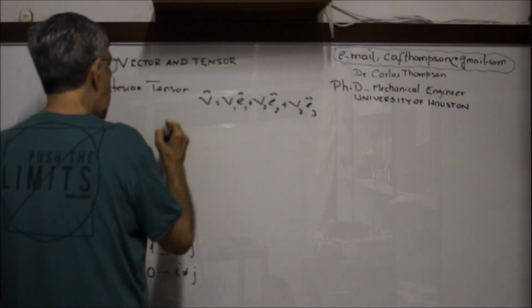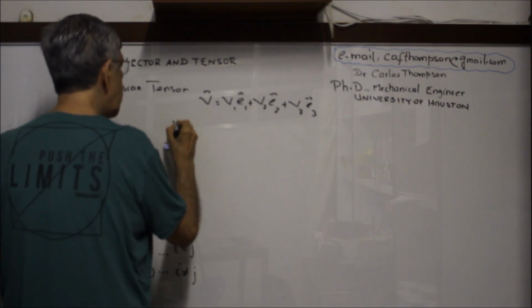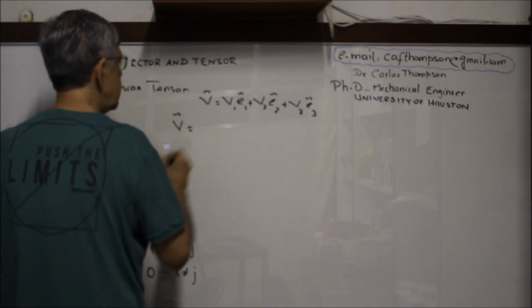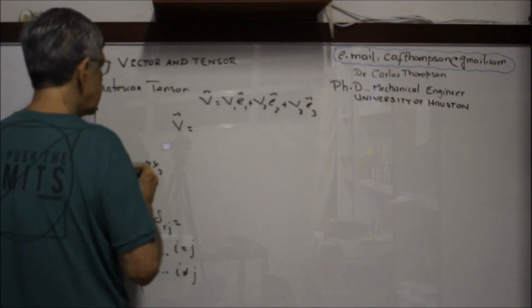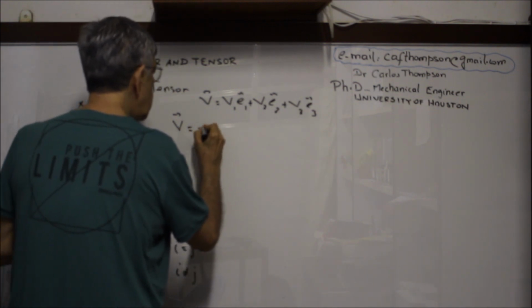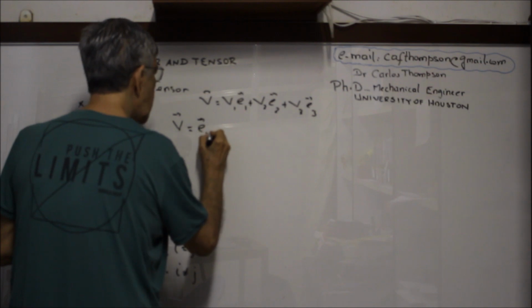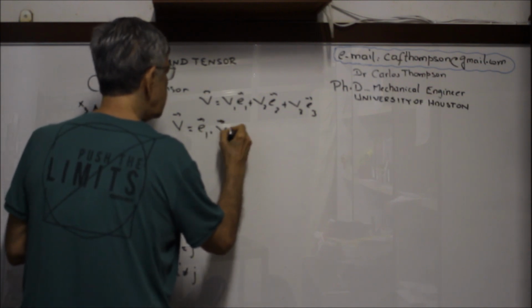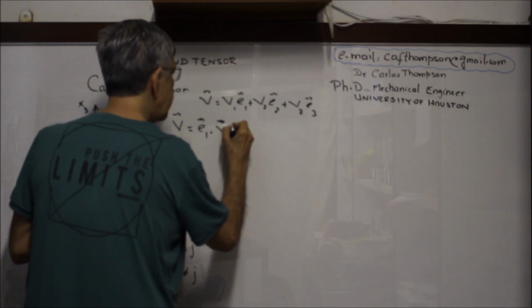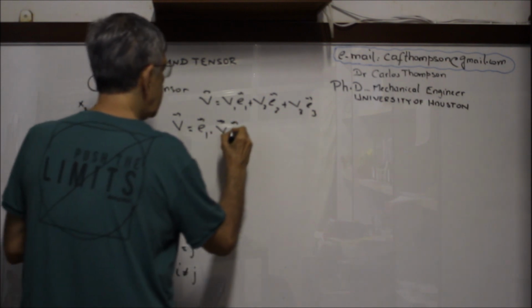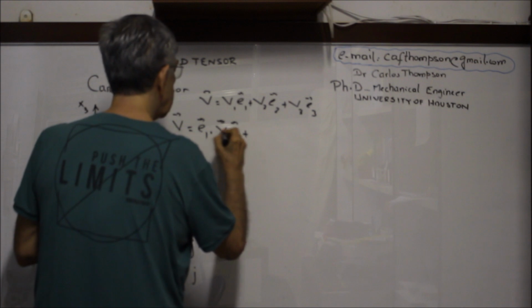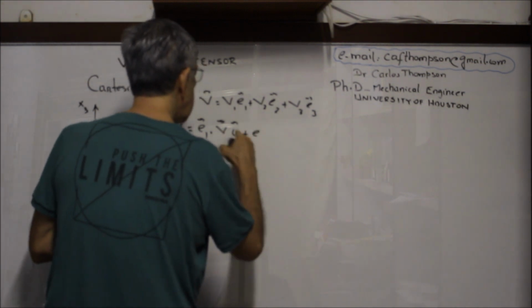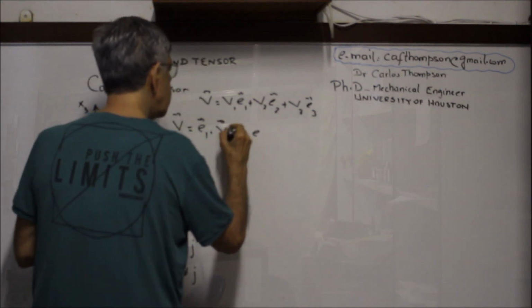You see, I can represent this vector V as E1 dot V, in this case, Vi plus, instead of i here, let's put E1.